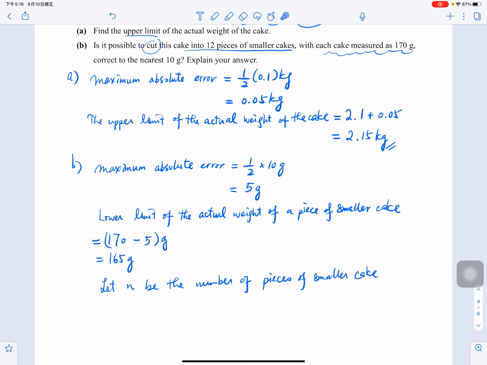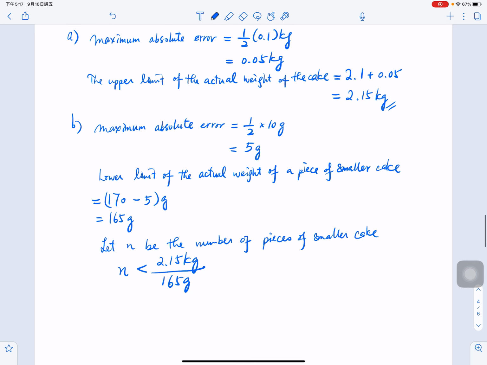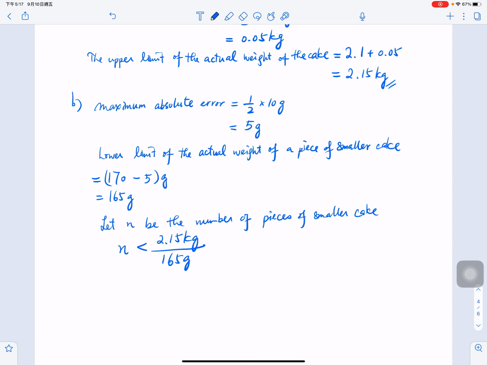好，喺呢度就睇下 check 下個 n 啦，點樣 check 啊？So is n smaller than this one, 2.15 kilograms over 165 grams? n 細過幾多呢？睇一睇咯喎。So now is n smaller than 2150 over 165? And you found that this one is 13.03.